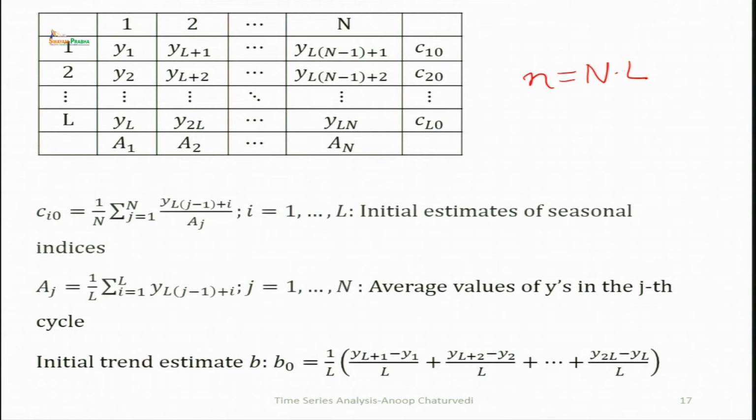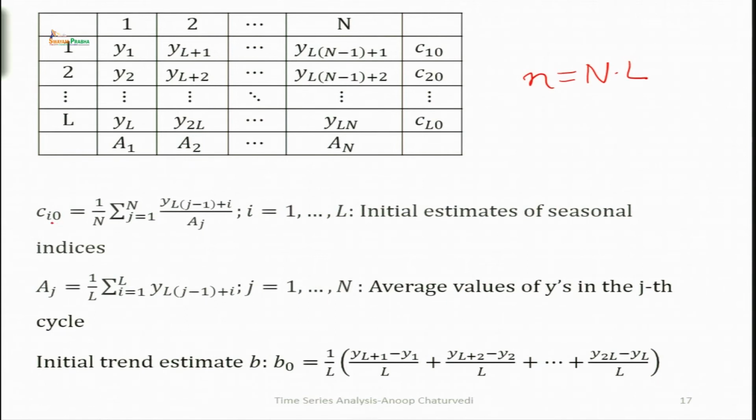So, if you have quarterly data for 10 years, then on this side you will have 4 rows in the table, and here you will have 10 columns.